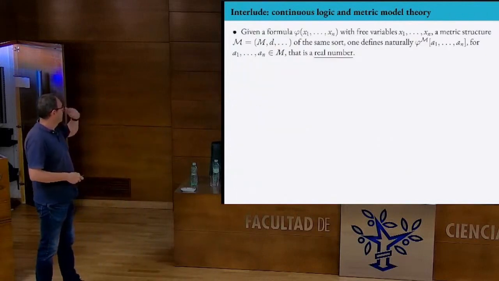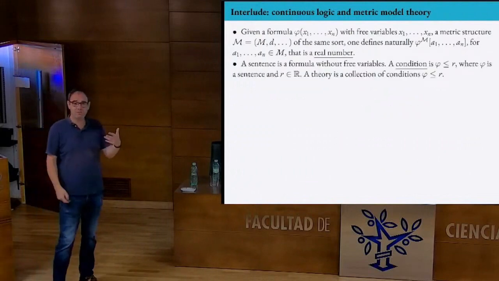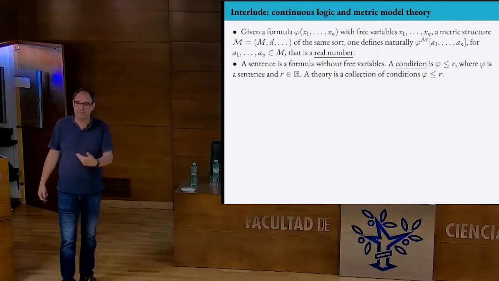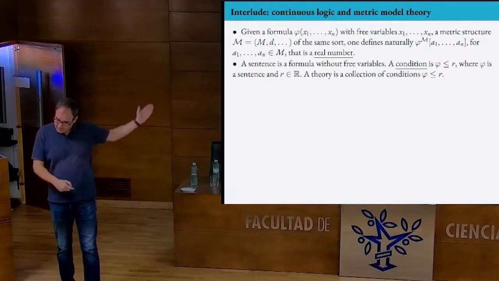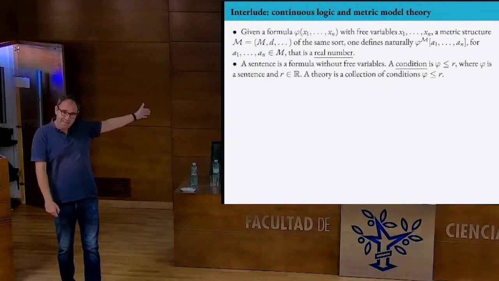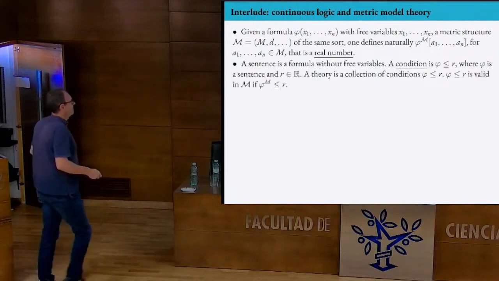And the questions you can ask are phi less than or equal to r. It will become a little clearer soon with an example, okay?